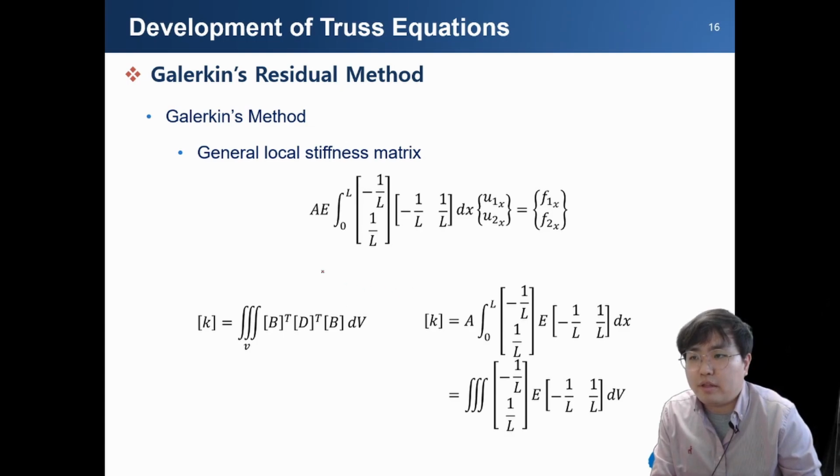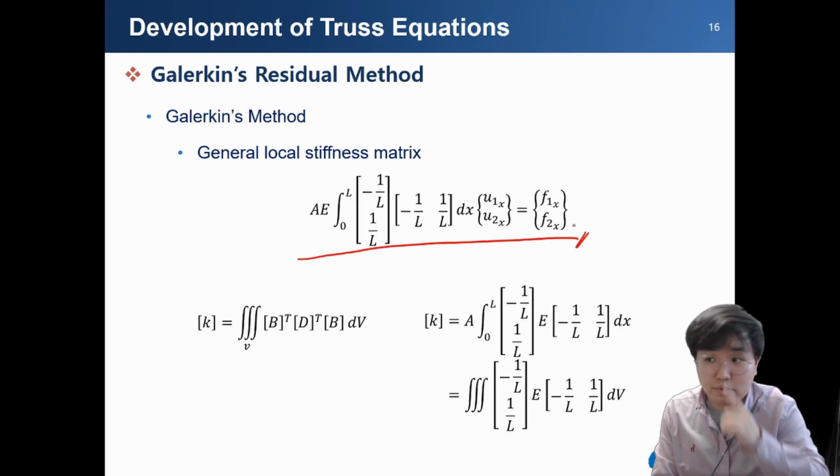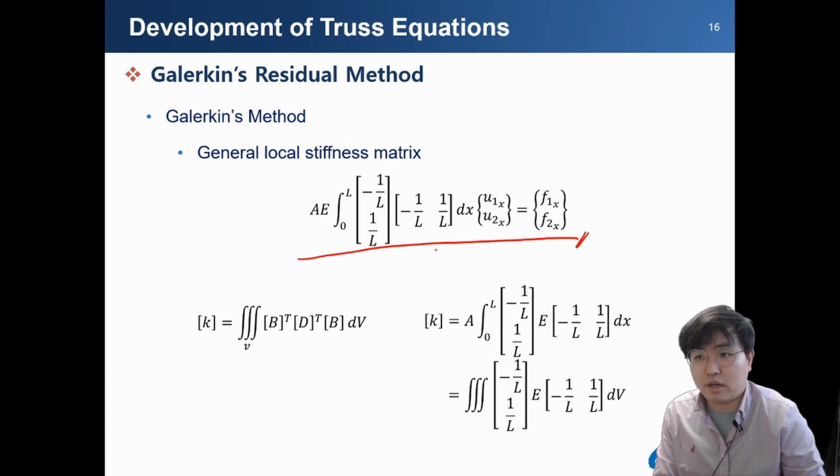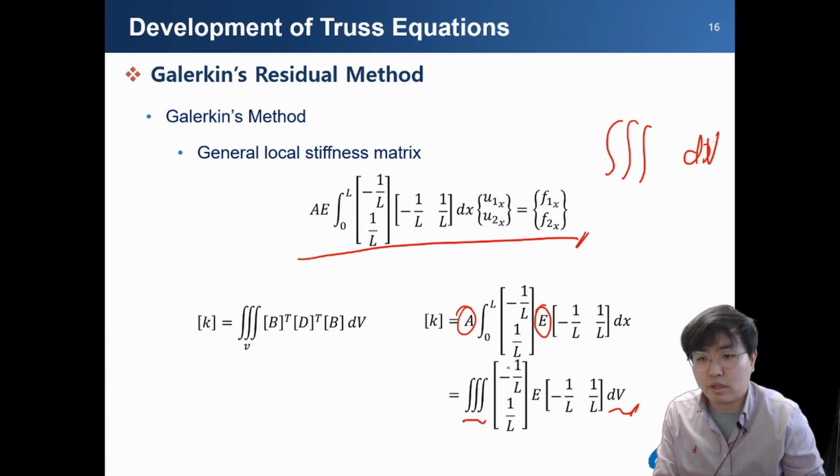Here we use a 1D truss example, but generally the Young's modulus is positioned in the middle, and the cross-section area is already integrated over the whole volume domain, so we can change to matrix form again.